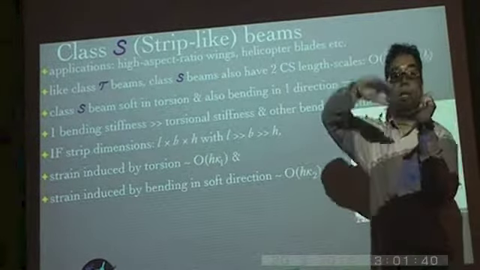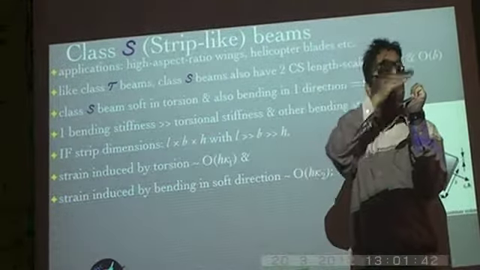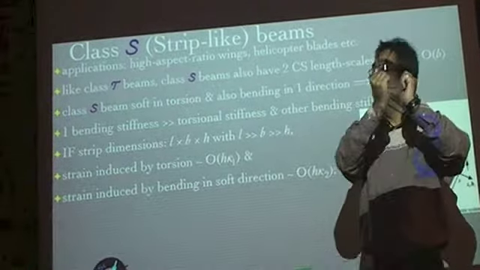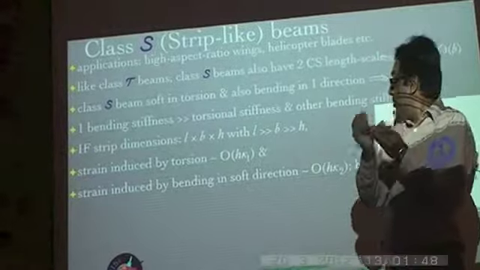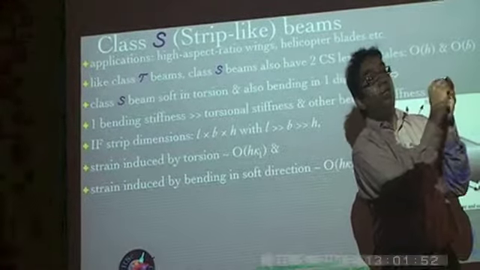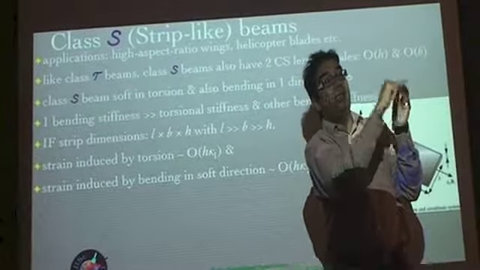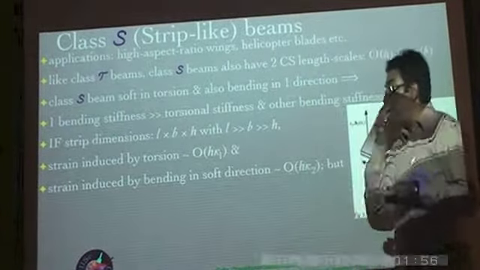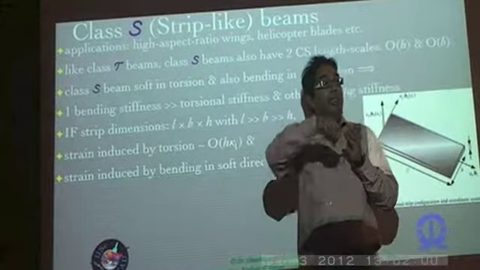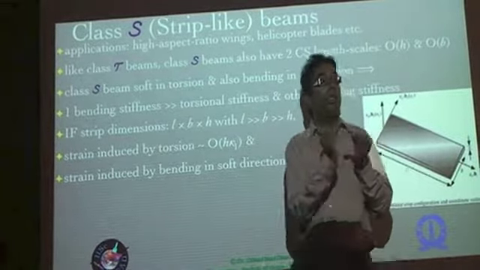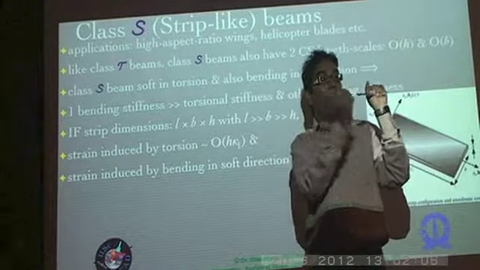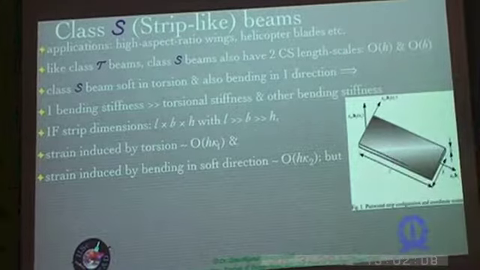It's the curvature kappa 2, which is 1 divided by the radius of curvature in this direction because of the bending, multiplied by h, because that is going to be of order of magnitude of the distance from the neutral axis. So h times kappa 2 is the strain which is going to be induced. Of course, the first is a shear strain, and this one is an axial strain, the bending strain, which is basically your gamma 11.